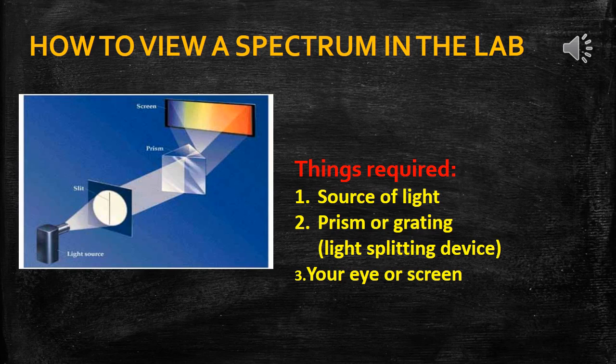The light incident on the prism, due to dispersion, is split into 7 colors. These 7 colors are cast on a screen, or you can directly view the 7 color spectrum through your eye. So this is a simple arrangement by which we are able to observe a spectrum in the lab.